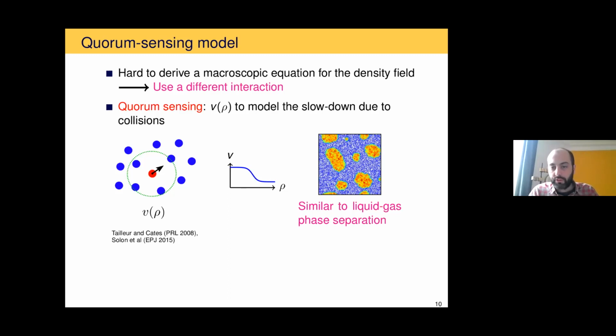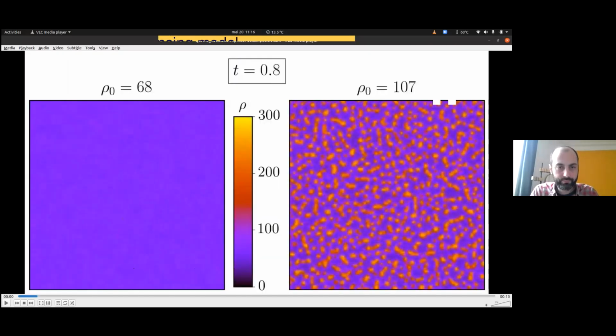So in this model, with this interaction, we also have MIPS, and it's also similar to a liquid-gas phase separation. So let me show you how it looks. In this movie, I have two systems with the same parameters, except that the density is higher on the right.